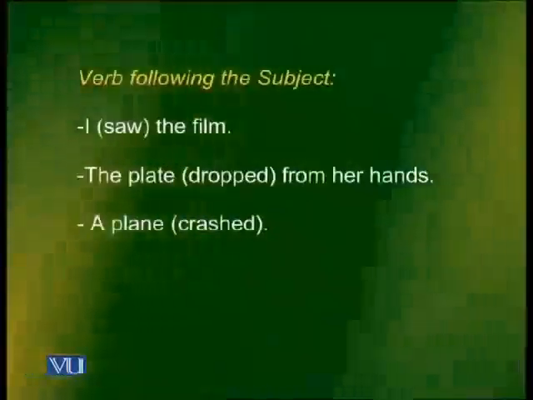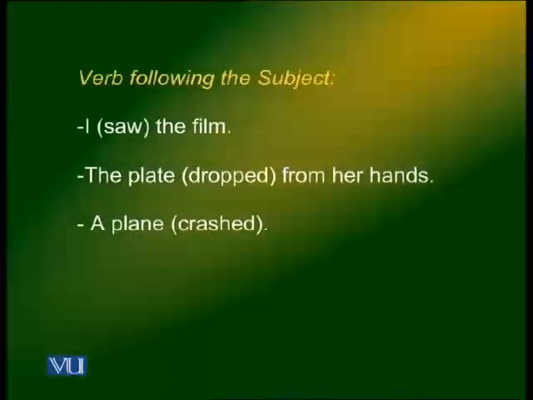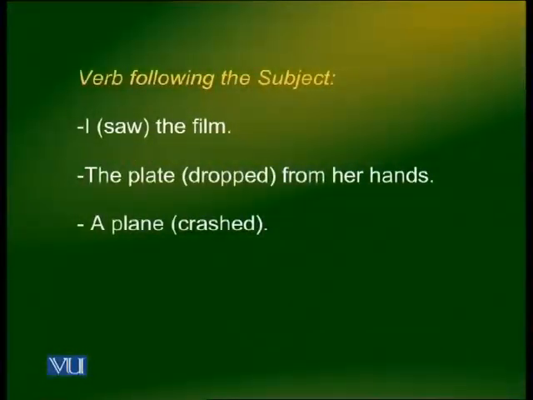Now, in most English sentences, the verb usually follows the subject. Example, I saw the film. The plate dropped from her hands. A plane crashed. Now in all these sentences, the verb follows the subject.